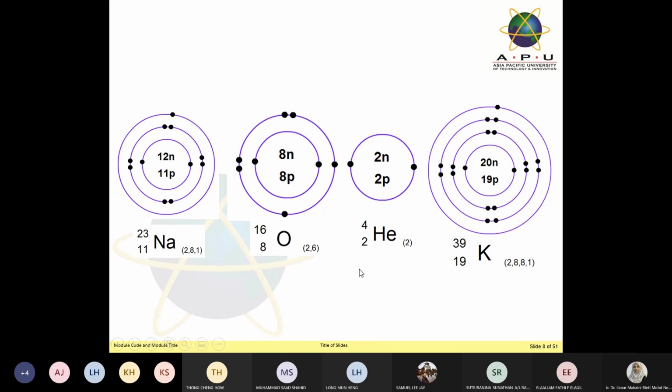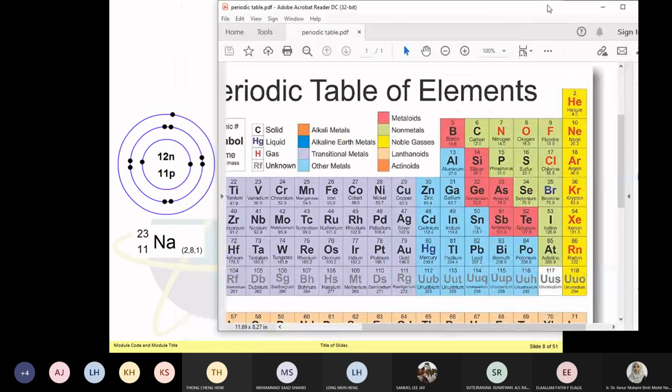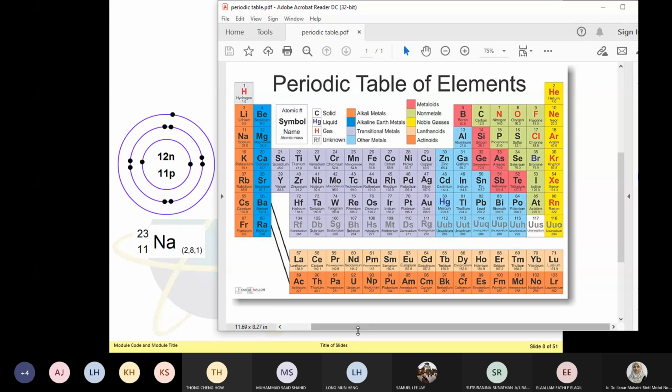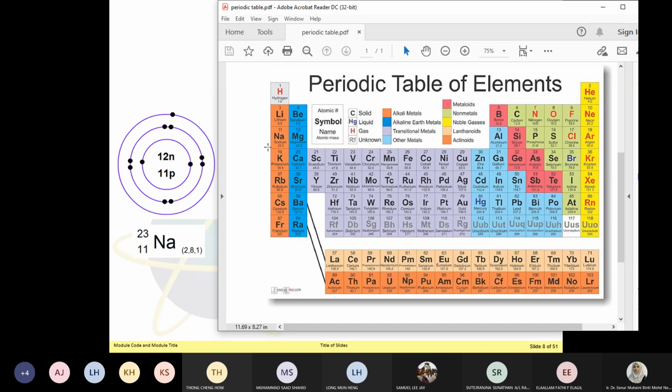Next, to draw another thing. For example, Na. Na is sodium. See this, Na. So sodium has the mass 23, mass put on top, and then 11 is the proton.